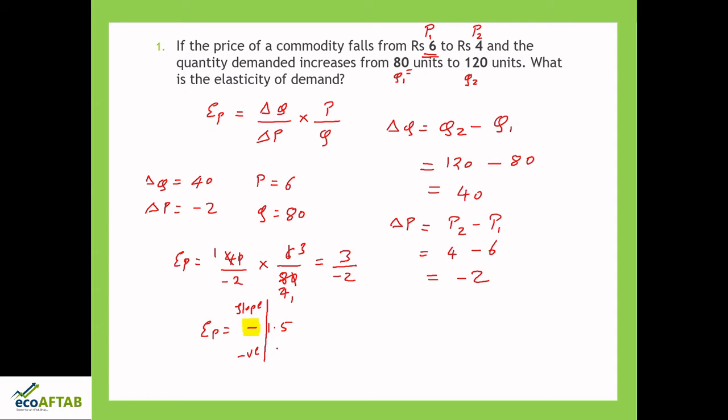This 1.5 is telling us about the value of elasticity in terms of number. 1.5, as you know, is more than 1. So, the elasticity is more elastic, and this minus is telling us about the slope of the demand function.